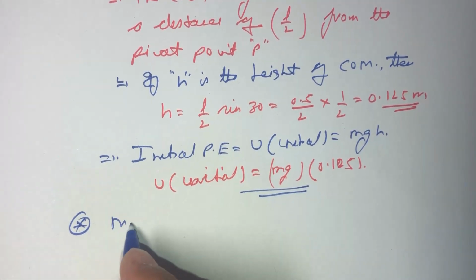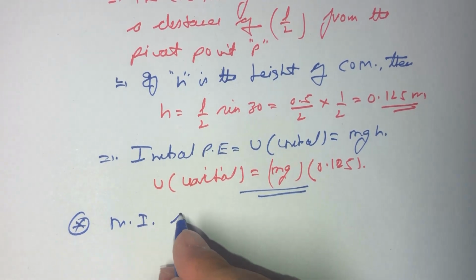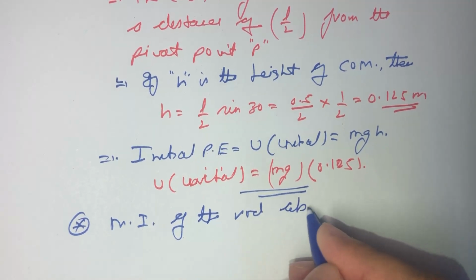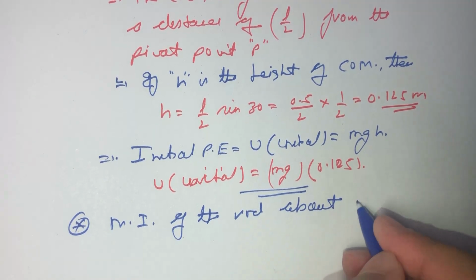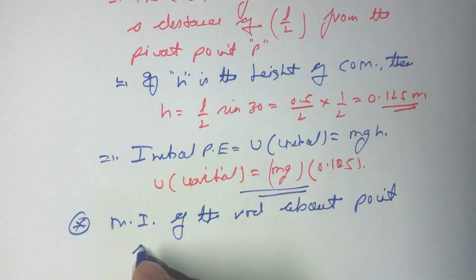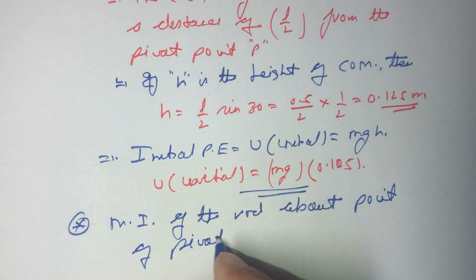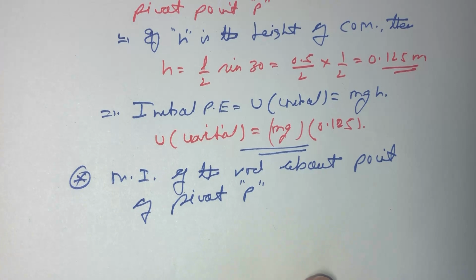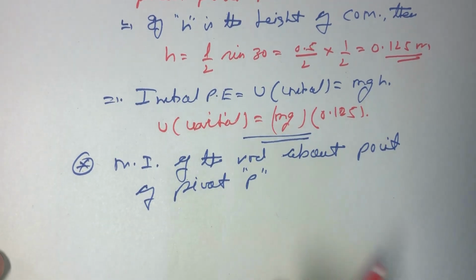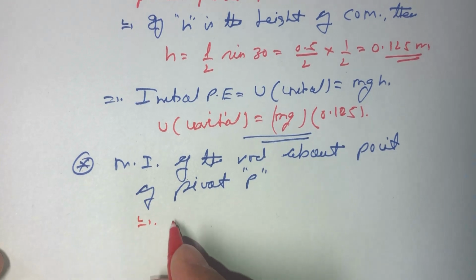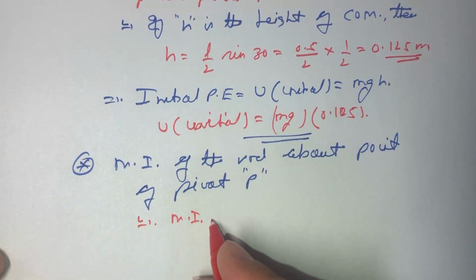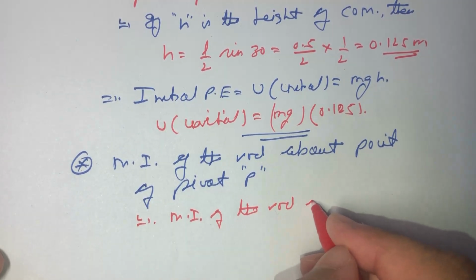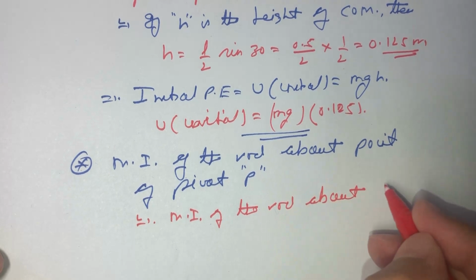So we can find out the moment of inertia of the rod about the point of pivot, that is point P, which will be the moment of inertia of the rod about one end.